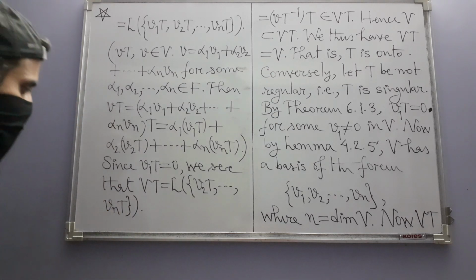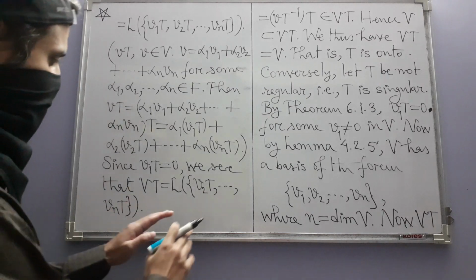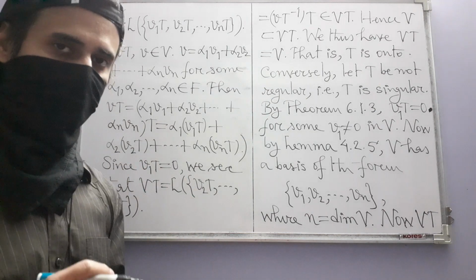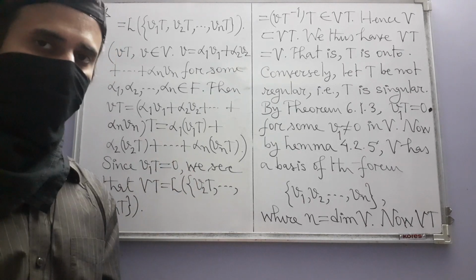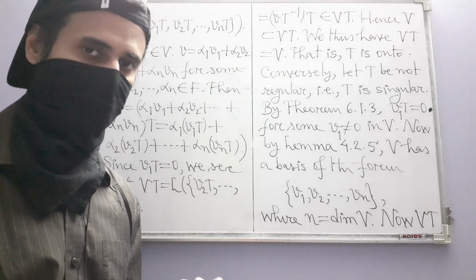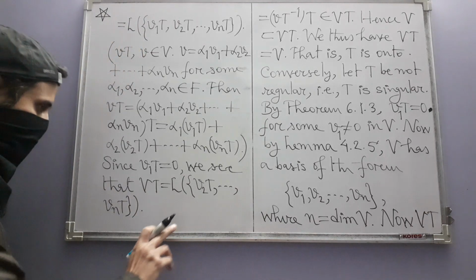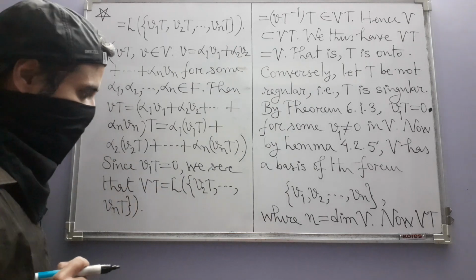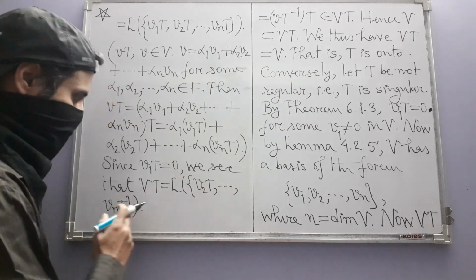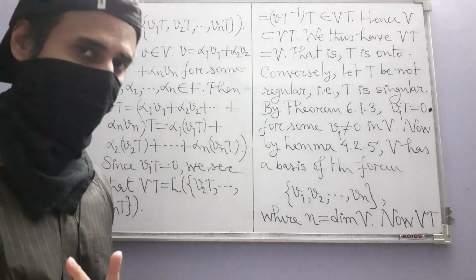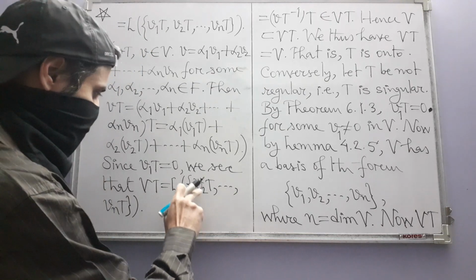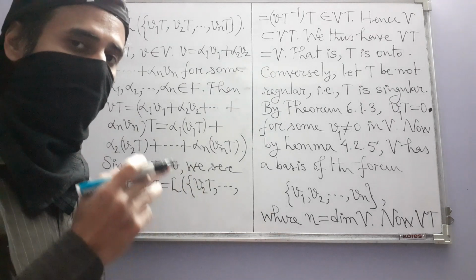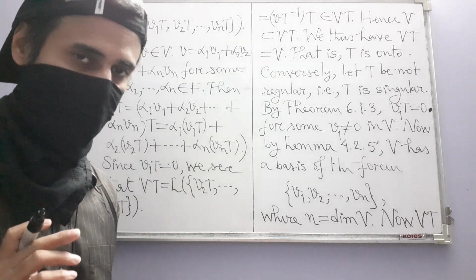And that is why we are able to discard this V1t, because it is 0. So in a span, 0 has no effect. The other vectors, of course, will continue to span Vt. Now, among these other vectors also there may be repetitions, we don't know. But the list of symbols that you now have has n minus 1 symbols.